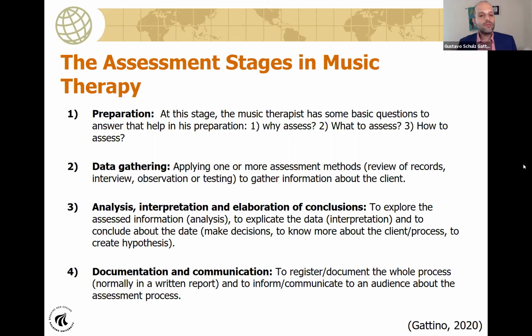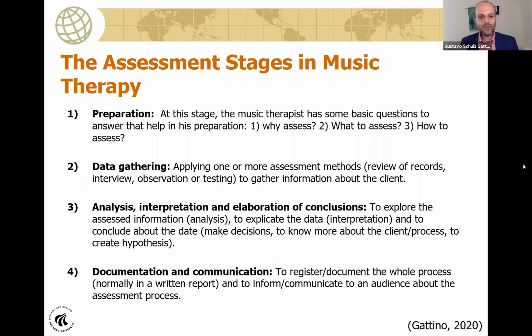After or during this specific analysis, we also need to explain this data. So we need to understand this data, and this is the moment of the interpretation, when I will try to explain why I got this specific kind of data.